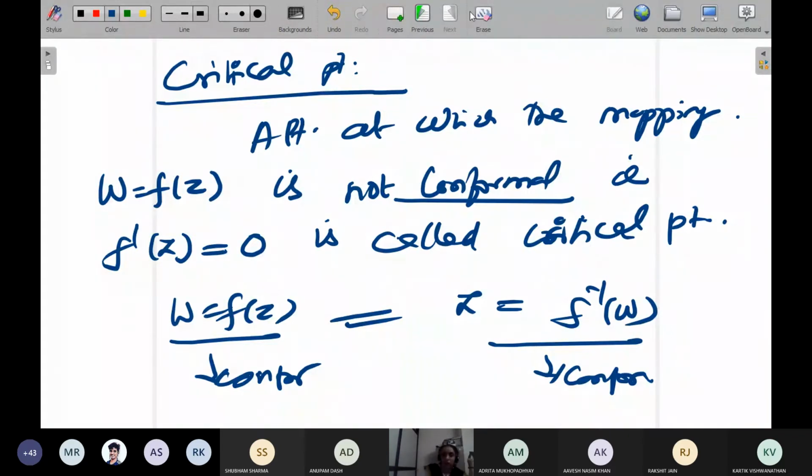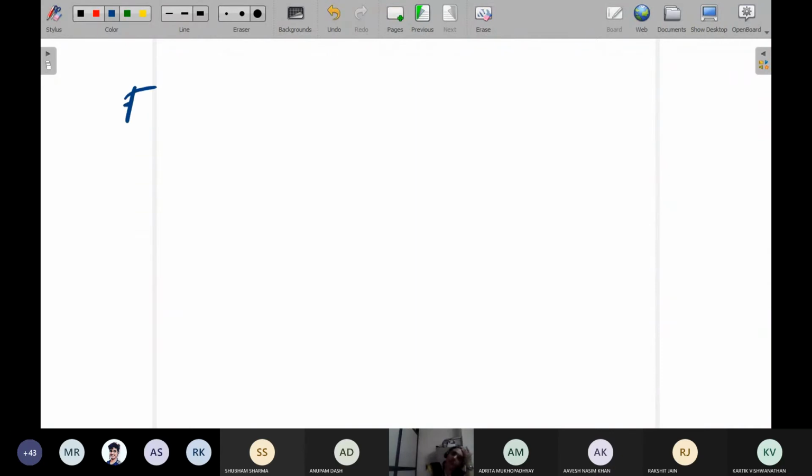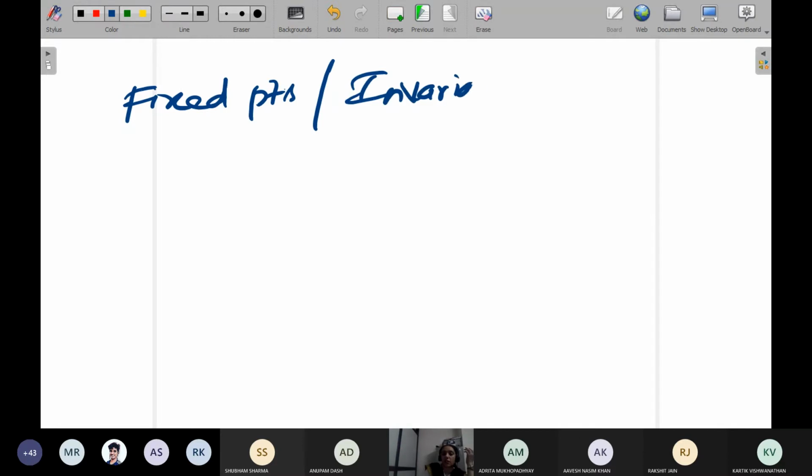Okay, next you should know one more point in this: fixed points or invariant points. You can even call them critical points also.